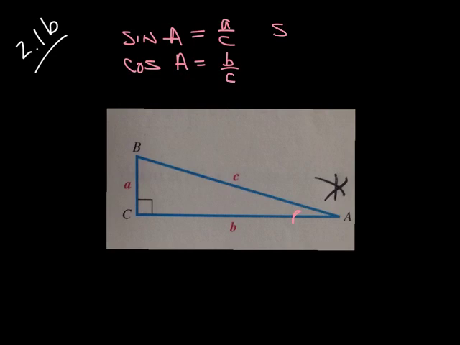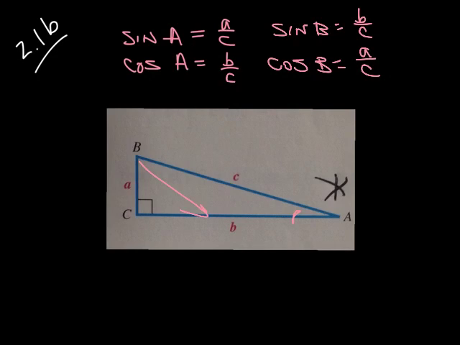Now let's look at the sine of B. Sine of B is going to be the opposite of B over the hypotenuse, and the cosine of B is going to be adjacent a over hypotenuse.